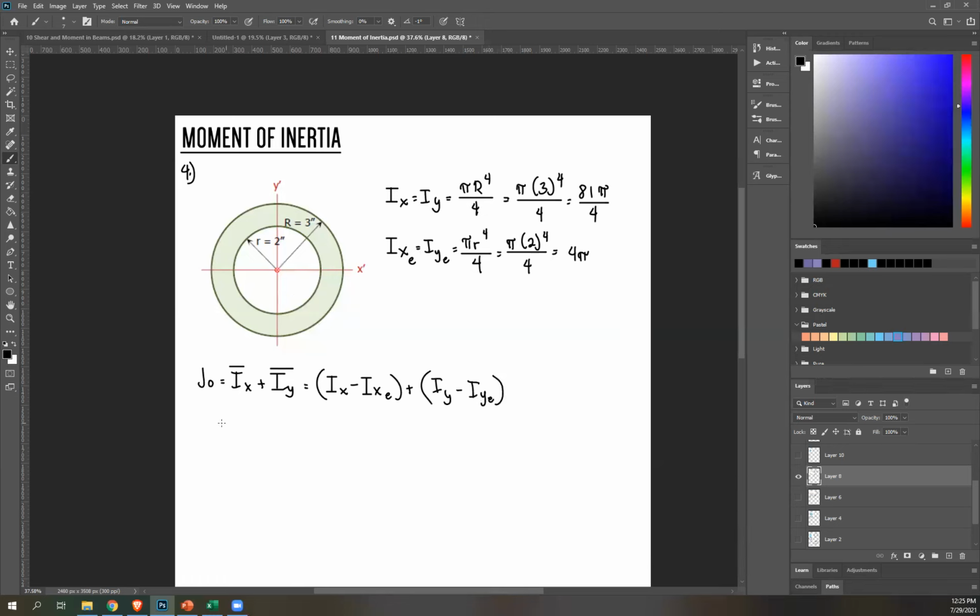Or another thing you can do is take the polar moment of inertia of your solid or full area and then subtract by the empty area. So that would be Ix plus Iy minus Ix sub e minus Iy sub e.